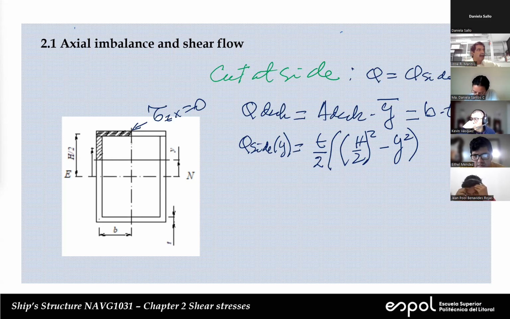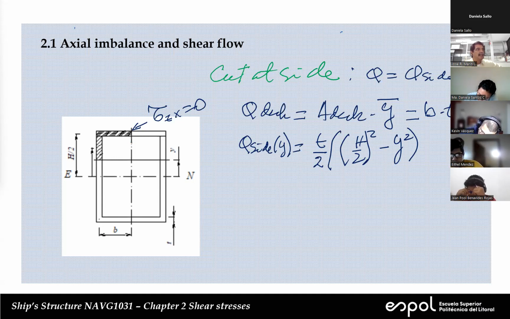And finally, we have to add them up. So if we make a cut here, we're going to have the combination of these two terms. If we make a cut at this point, you see that we are on the neutral axis. This is going to be 0.